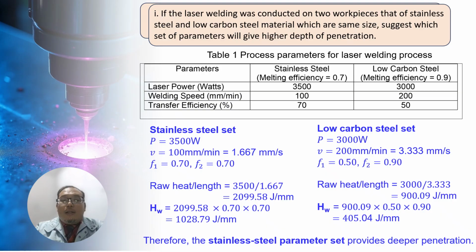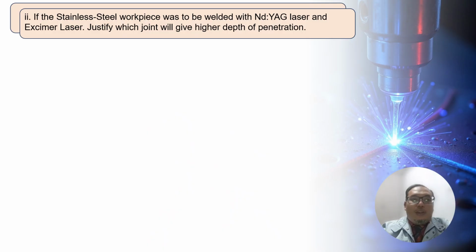Therefore, based on the calculation, the stainless steel parameter set provides deeper penetration, which is 1028.79 joule per mm.